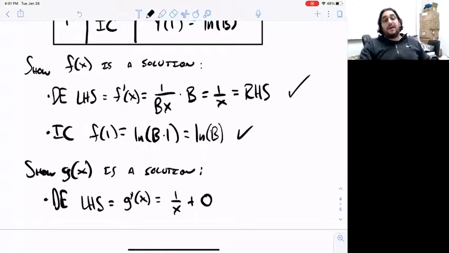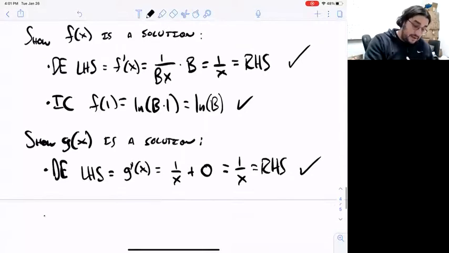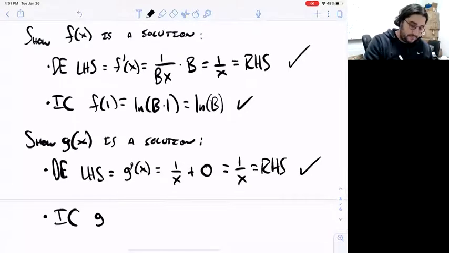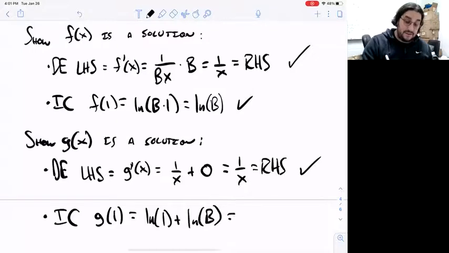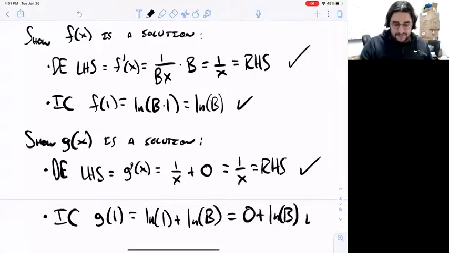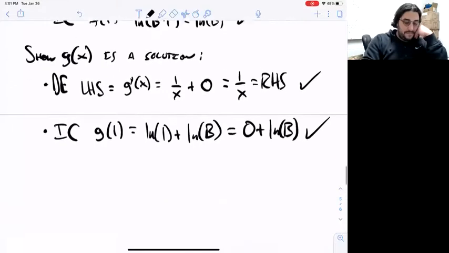Right? The derivative of log of x is 1 over x. The derivative of log of b is 0 because it's a constant with respect to x. So that's 1 over x. Well, that's, again, the right-hand side of our differential equation, so that's good. Then I want to do the initial condition. Well, g of 1 is going to be natural log of 1 plus natural log of b, which is 0 plus natural log of b, which is natural log of b, right? So that's good. So f and g are both solutions to the IVP.